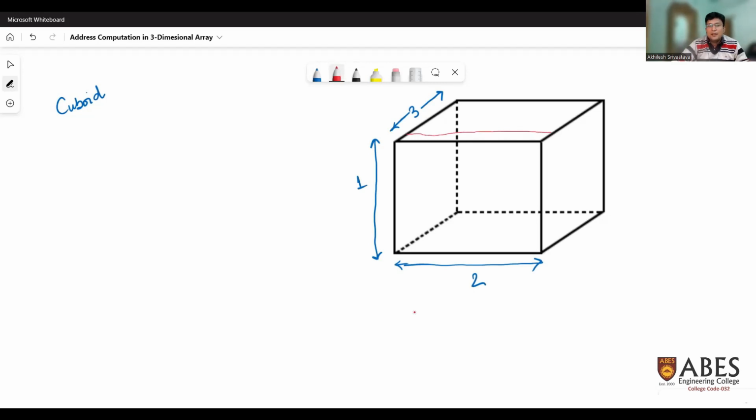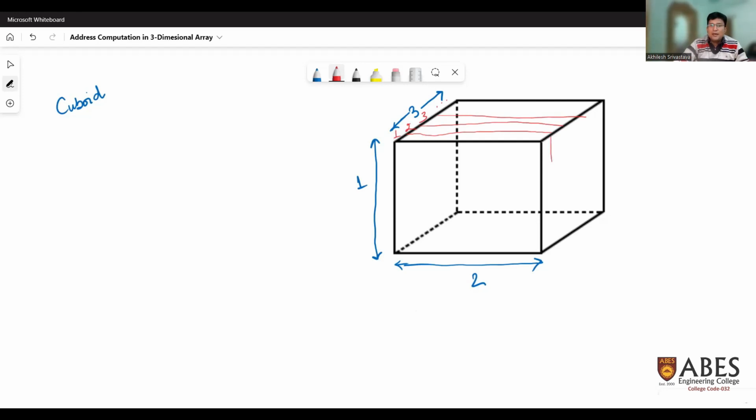This is the third dimension, and in the third dimension, we have the first column. Similarly, in the third dimension, this is the second column, and this is the third column, and so on. But the third dimension is not a 1D structure.